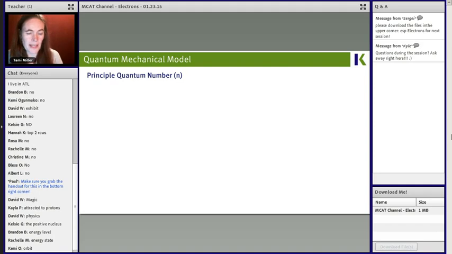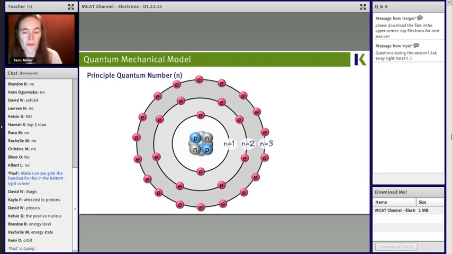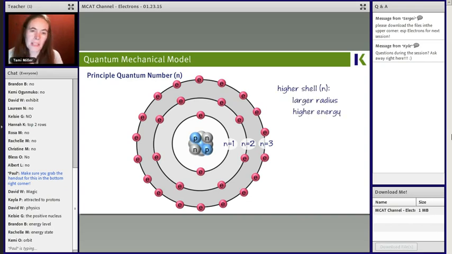So right now we're going to talk big, and we're going to talk about that shell. The bigger the number, the larger the shell, the farther we are from that nucleus. And as we get farther out, our radius gets larger. This makes logical sense, especially when we're looking at this.